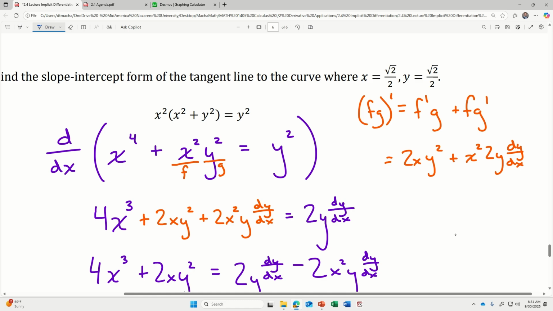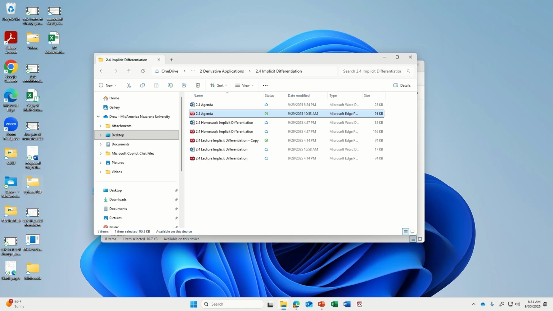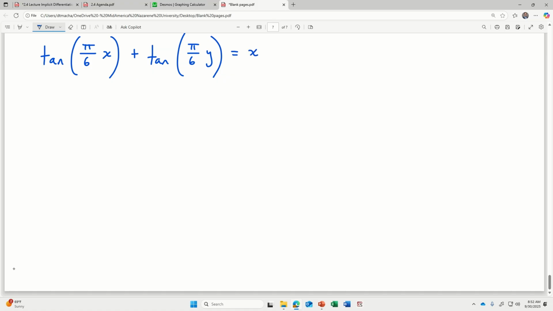That could be a fun little exercise. We've got tangent of pi over 6x plus tangent of pi over 6y equals x times y.